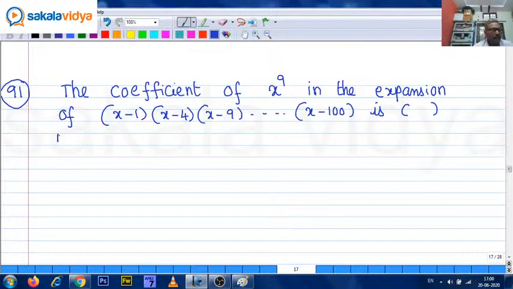First option is minus 325, second option 365, third option 425, fourth option is minus 385.